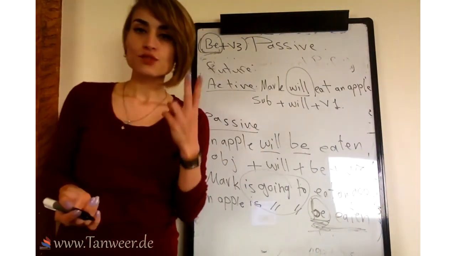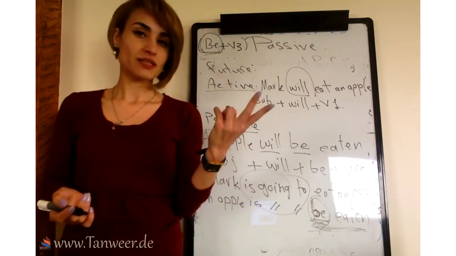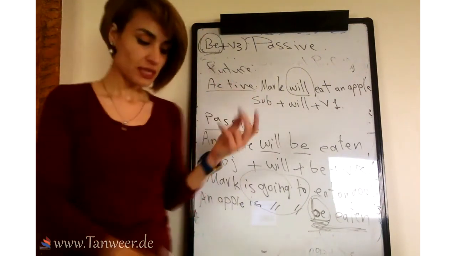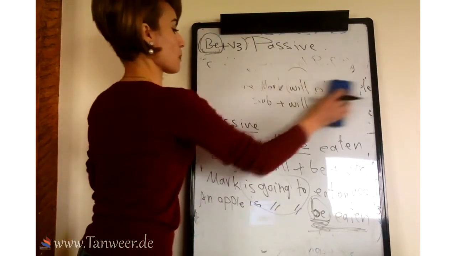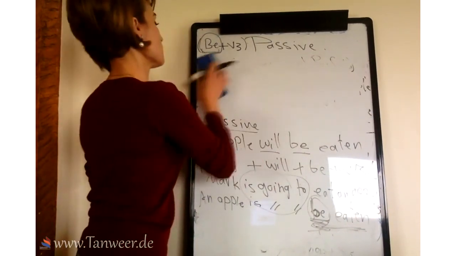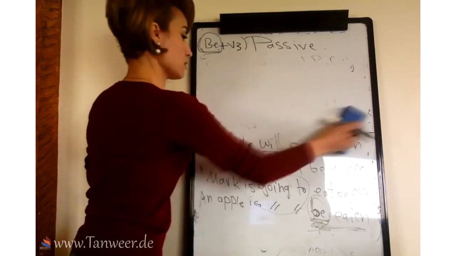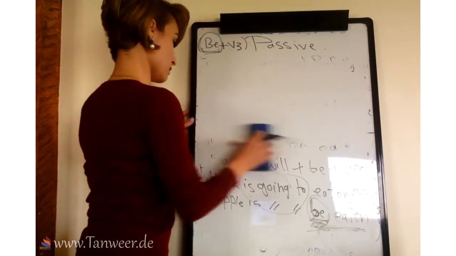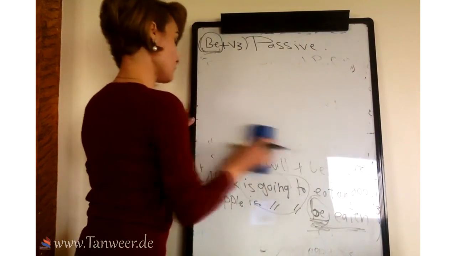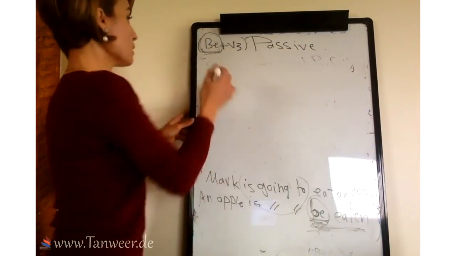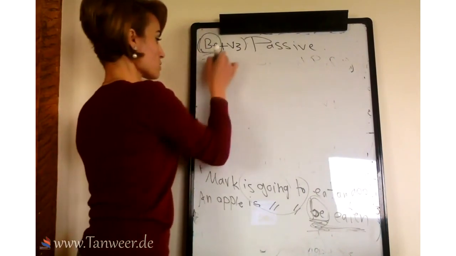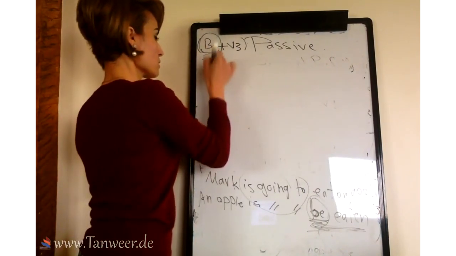In case we have two objects, how can we make it? Actually, we can make it in two ways. Okay, look at these two sentences.